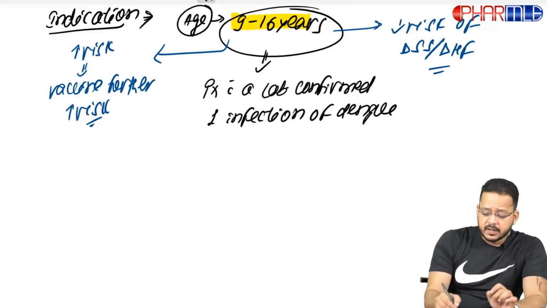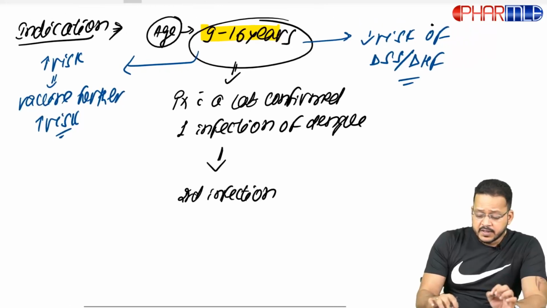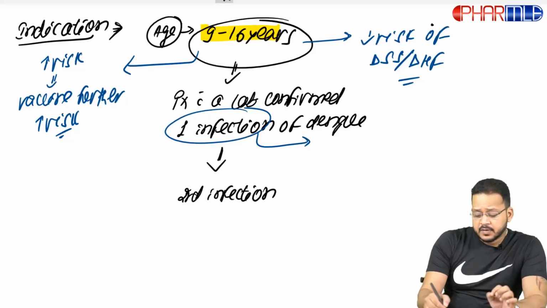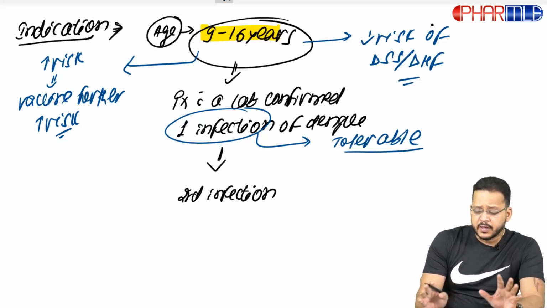The reason being, after the first infection there can be a second infection, and if there is a second infection, it becomes a trouble. The first infection is usually tolerable. In the first infection, people usually do not develop dengue shock syndrome or dengue hemorrhagic fever.